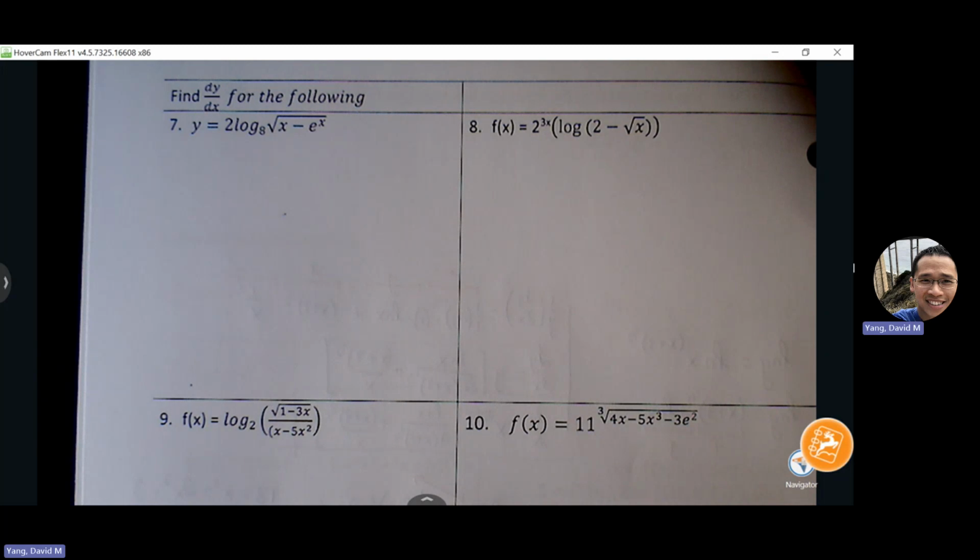Would it be 1 over? Yes, you're right. That's eventually the derivative. But if this were just natural log to begin with, how would you begin the problem? Yeah, expand, right? How would you expand it?